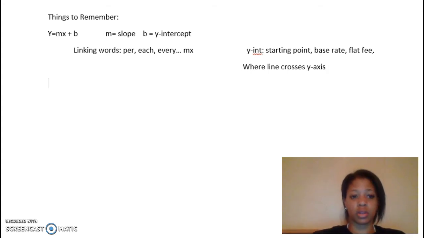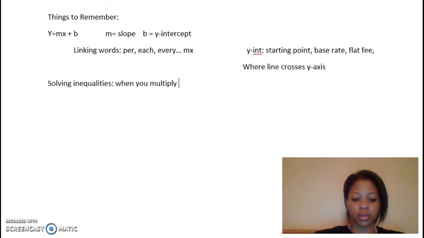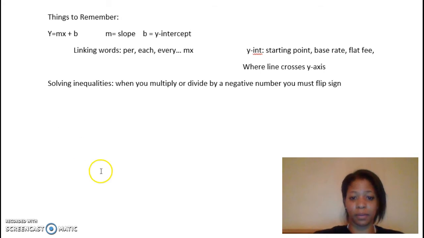Some other things that we haven't necessarily gone over: we didn't really spend any time on inequalities. You solve an inequality the same way that you solve an equation, except when you multiply or divide by a negative number, you have to flip the sign.